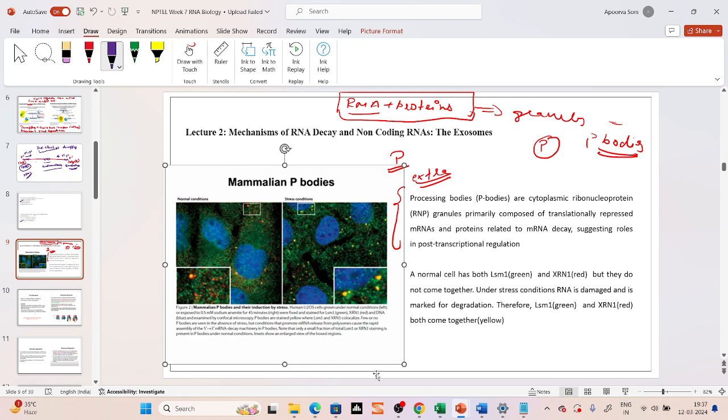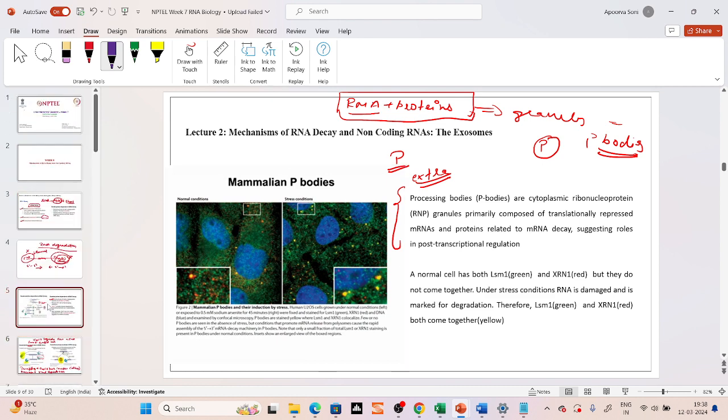So consider normal condition, where a cell is working normally, and stress condition, where the cell has some kind of mutation, so the RNAs are mutated and are not the optimal RNAs. Under normal condition, basically LSM and XRN, both of which we have studied here.